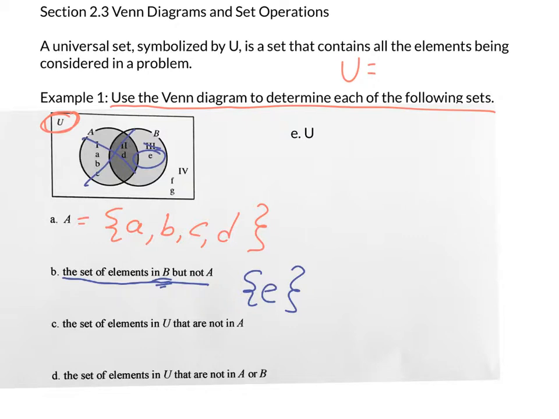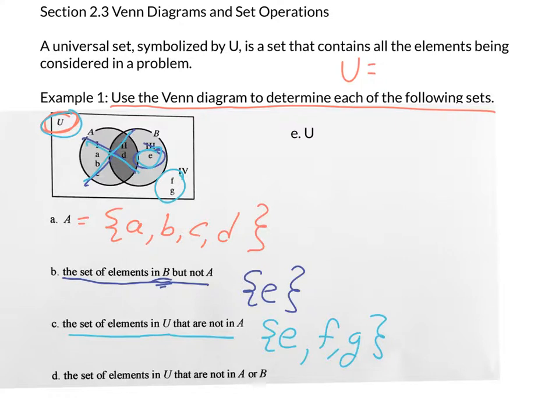Now looking at question C, the set of elements in the universal set, that's what that capital U means, that are not in A. Again, we don't want A, so I'm going to X out A. So everything left in the universal box: we still have little e that's not in circle A, and then little f and g are not in circle A, but still in the universal box as well.